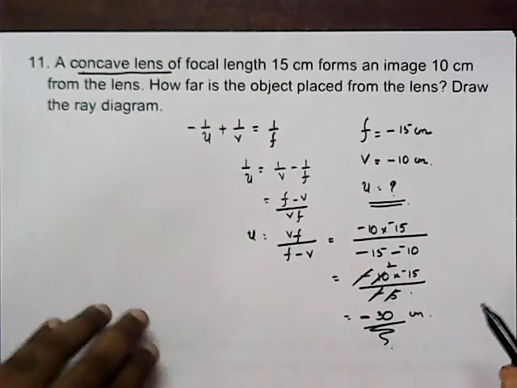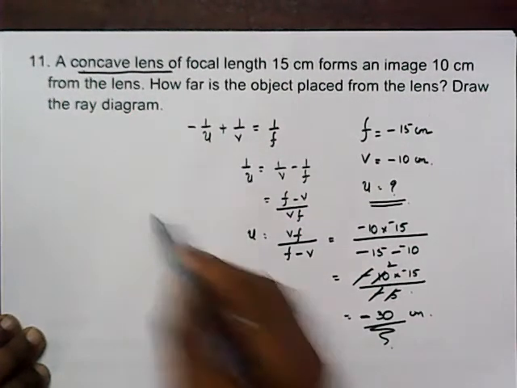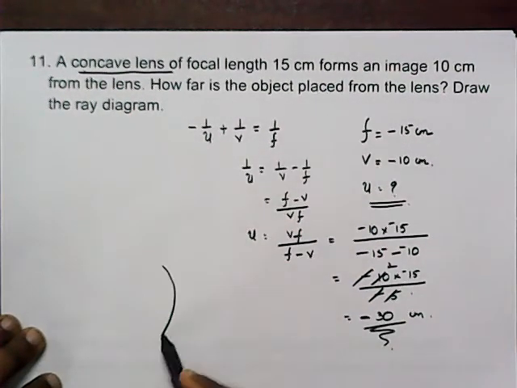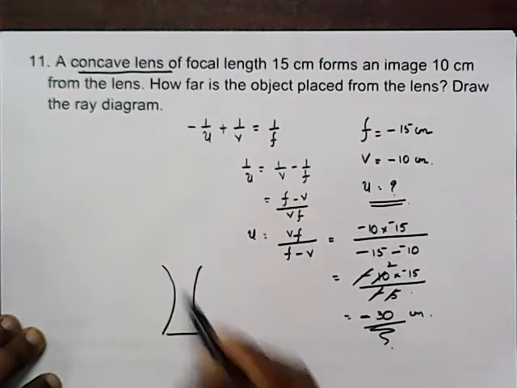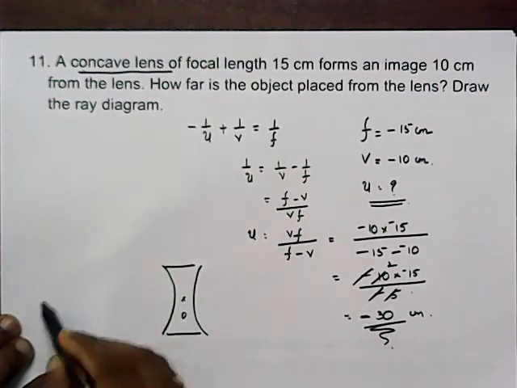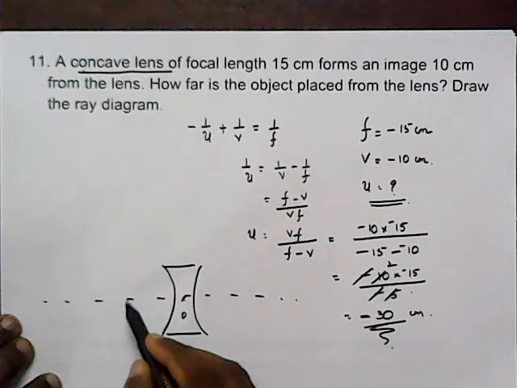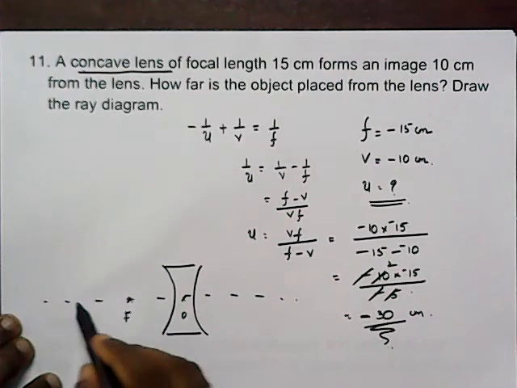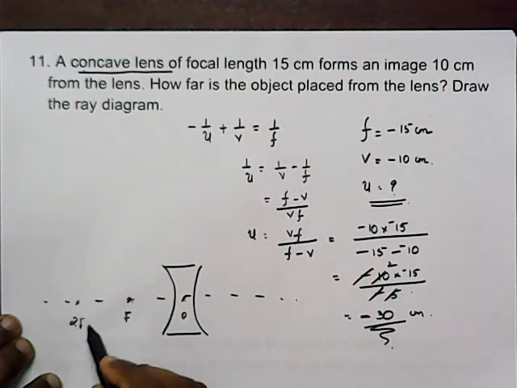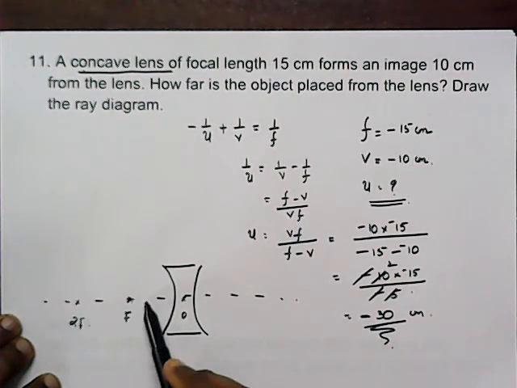So here also we want to draw the figure. A concave lens is there. The optic center, the principal axis, the focus, the double F, the focal length is 15. An image 10 centimeter from the lens is formed.